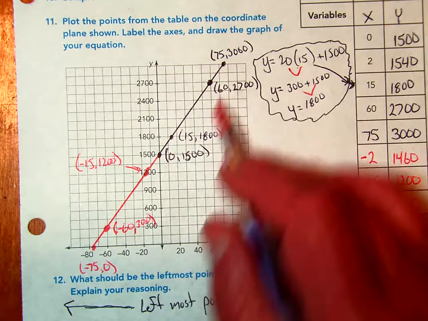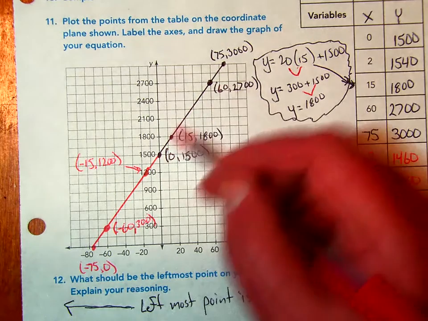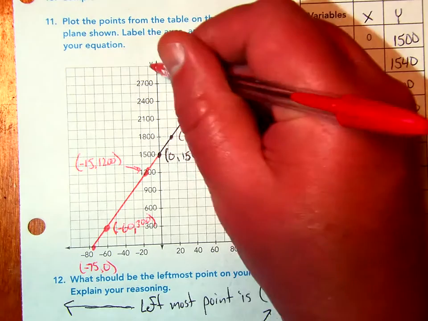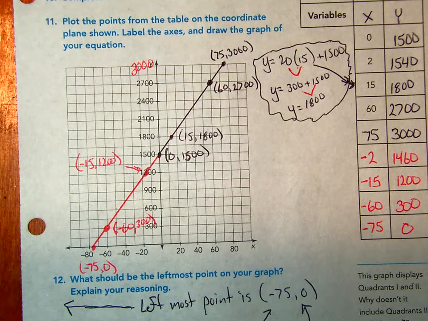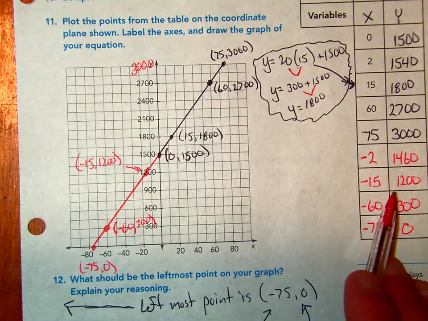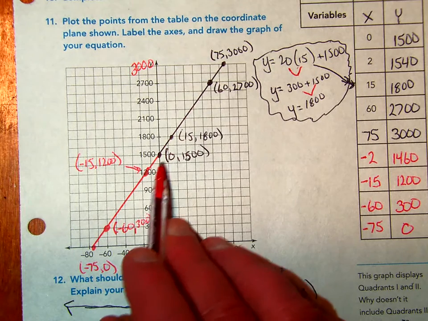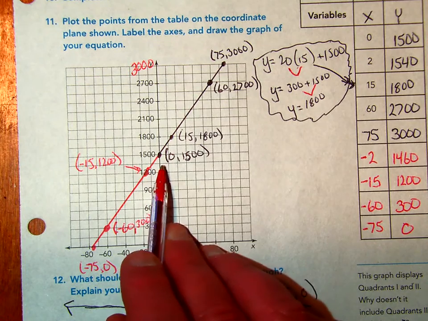The y value, the height, goes from 0 feet all the way up to 3,000 feet. And so I put in some of my coordinates from over here. I didn't put in the 2, I could have, but it was so close to the 0 that it was just going to mess up the coordinates that I would try to list for you.